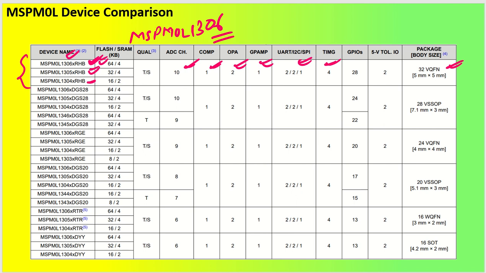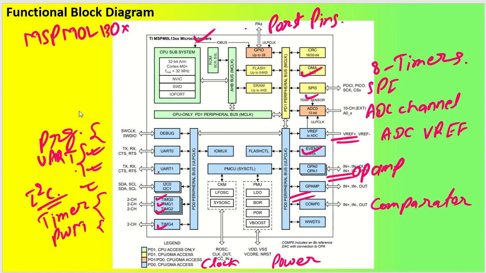Now let us move to the block diagram of this particular device, which will give us a complete picture in one place. If you can see, we have SWCLK and SWDIO, which are for programming. Then we have TX, RX, CTS and RTS, that is clear to send and request to send, and two UARTs are there, UART 0 and UART 1. Similarly, we have I2C 0 and I2C 1.